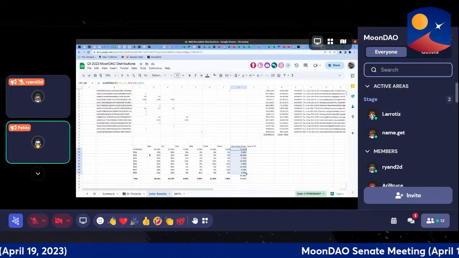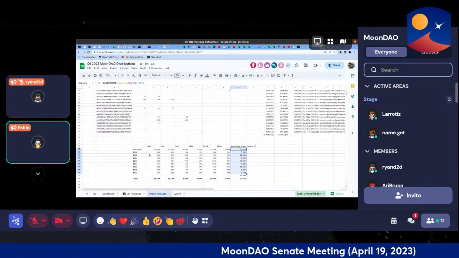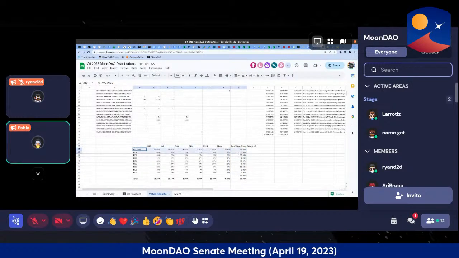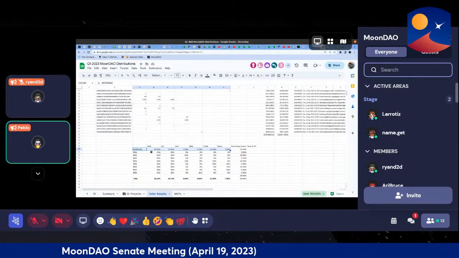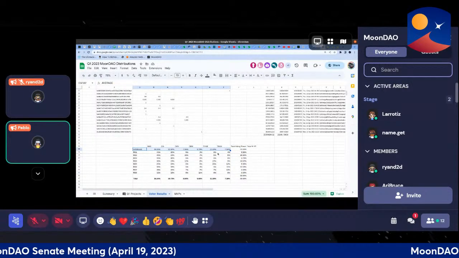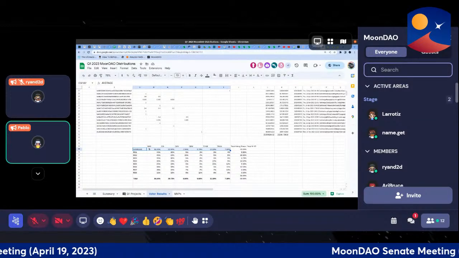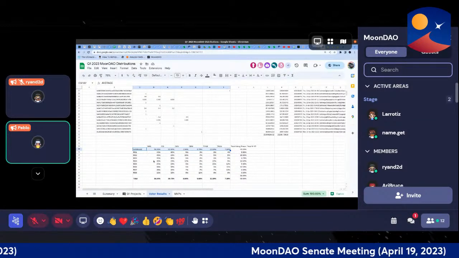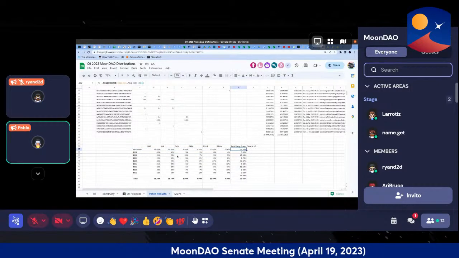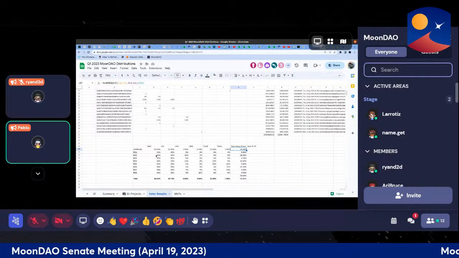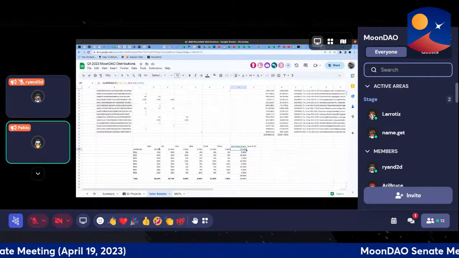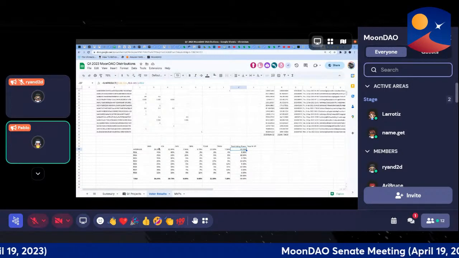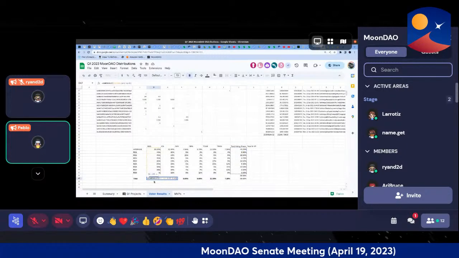These are the final results between each of them. Because the average is distributed between each of these options, the average was like 36% going to the Space Engineering Guild, and you basically just multiply this column by that column, and you add it all together, and that gives you the total percent that goes to each.